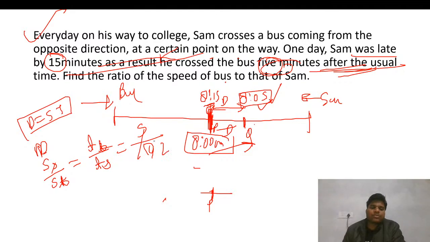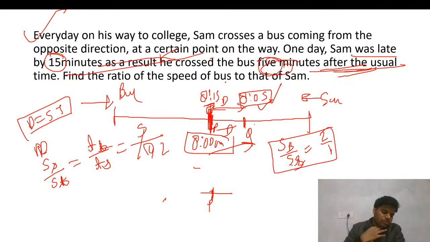So the time ratio is 1:2, and the ratio of the speed of bus to Sam is 2:1. Any doubt in this question, just let me know. I hope this is clear.